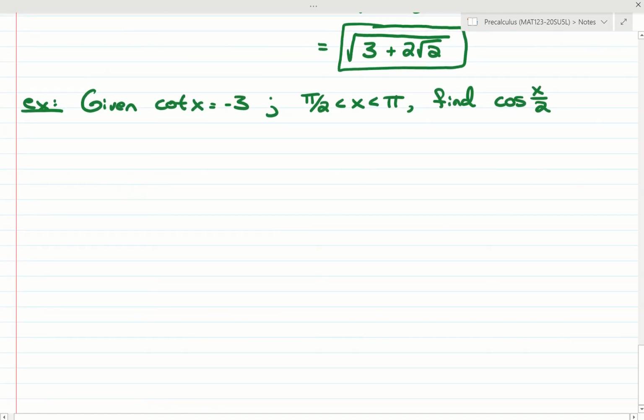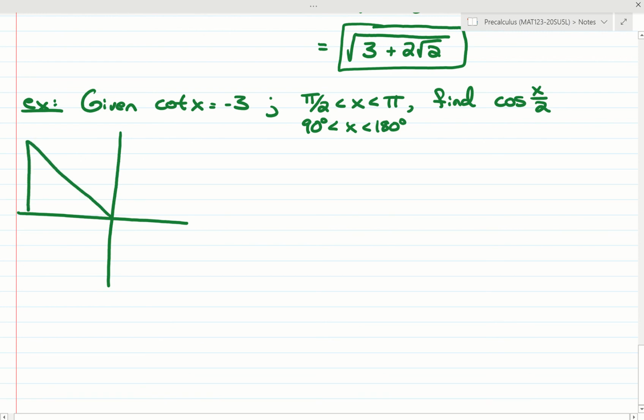We have x, so that means radians. And if x is between pi over 2, well, that was 90 degrees, and pi is 180 degrees. So let's go ahead and draw our triangle between 90 and 180. That's quadrant 2, between pi over 2 and pi. So this tells us we're in quadrant 2.